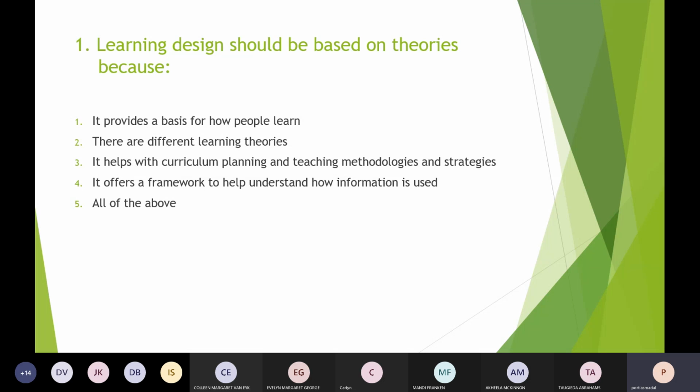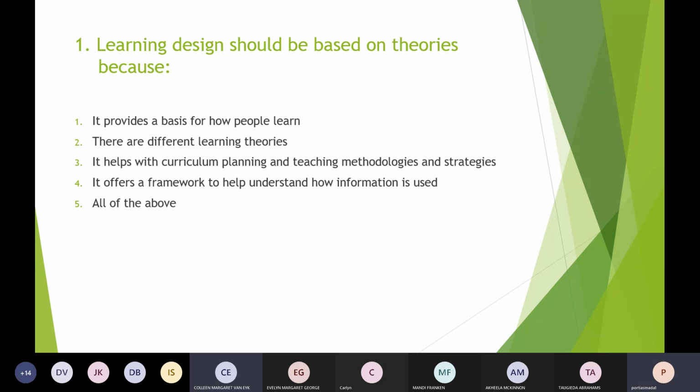Why do you say it's all of the above, students? Why can't it just be that it provides a basis for how people learn? Colin, why do you think it's all of the above? It's just because it encompasses all that it says there.